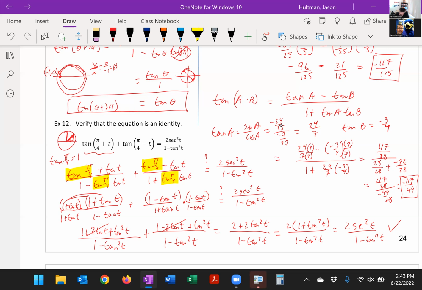We were able to build a bridge from the left side all the way to the right side. I can get rid of this stuff that's confusing.